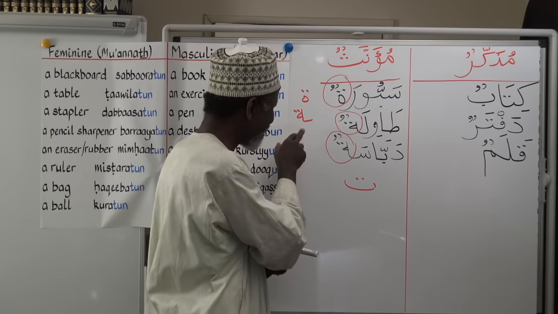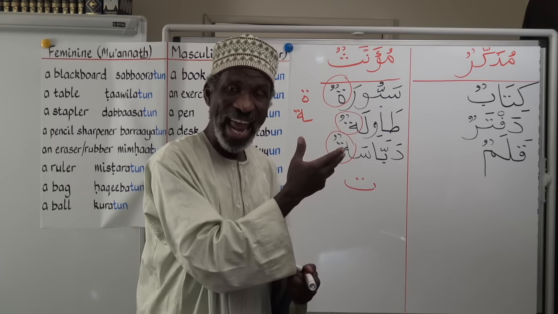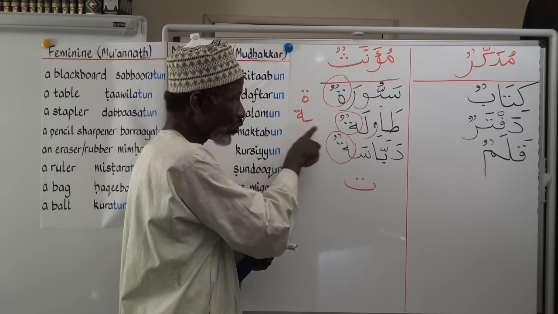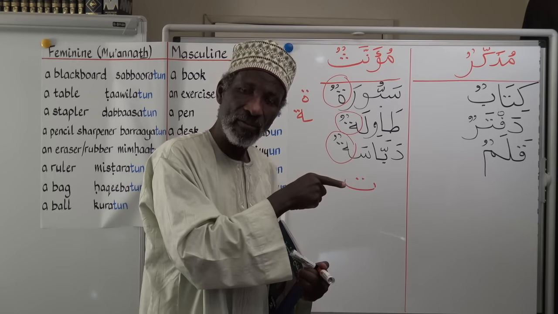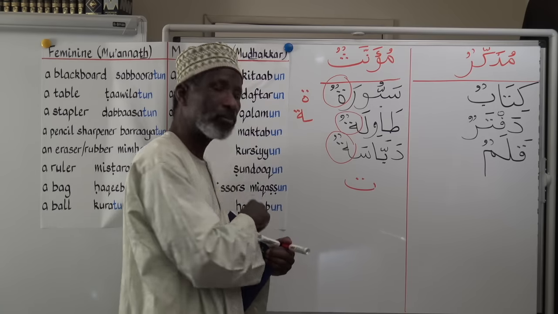But when you see a noun, a word if you like, ending with ta marbuta, this shape and that shape happens when you have a letter which can be extended forward. Then we join ta marbuta, this shape.